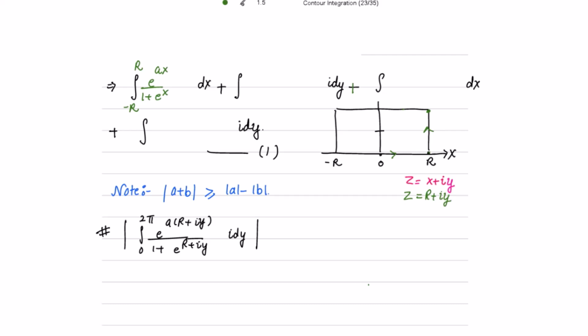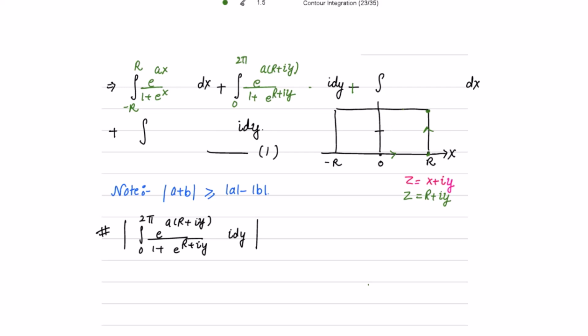So taking z as R plus iota y, e to the power a(R plus iota y) over 1 plus e to the power R plus iota y, and writing iota dy. Please do not forget to write iota, alright? Thank you. Okay, the limits of y: here y is 0, and here y is 2 pi.